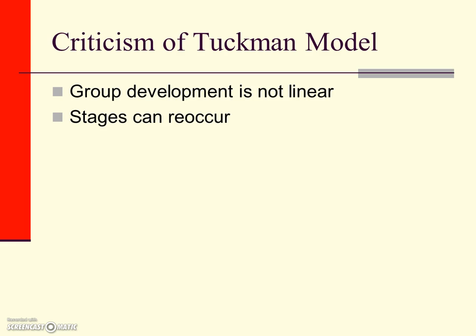So just because you get through storming doesn't mean that you wouldn't return to it. And so that's a possibility, and certainly something that has been addressed regarding this particular model. Another criticism about the model is what happens next.